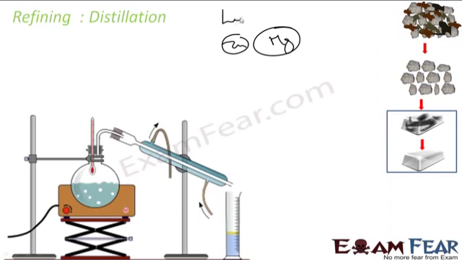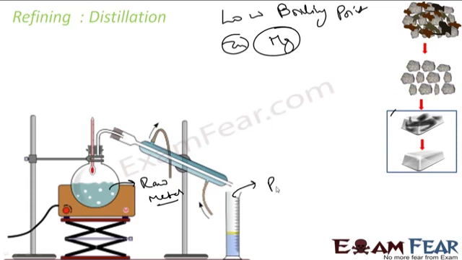For these kinds of metals, we boil the impure or raw metal. The vapors are collected here, cool down, and what you get here is pure metal. Very simple method.